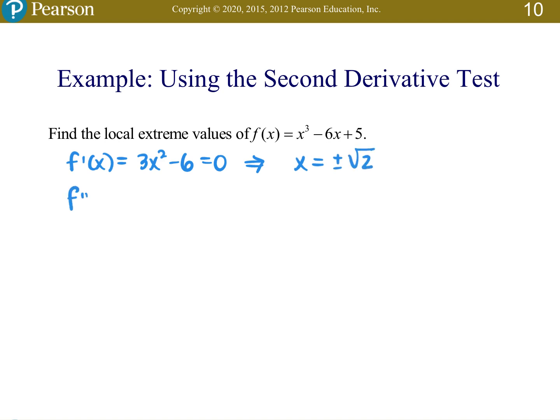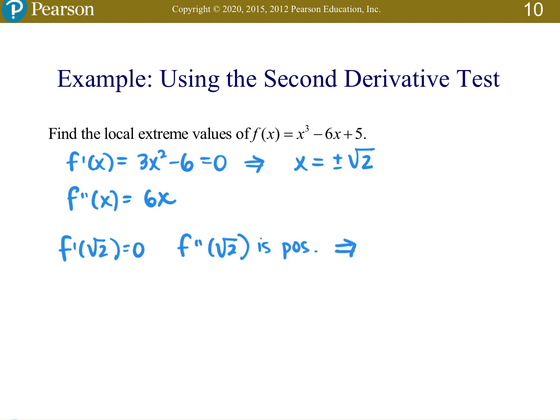And then I can go to f double prime of x, which gives me 6x. So I can say f prime at rad 2 is 0. F double prime at rad 2 is positive. That implies that x equals rad 2 is a local min.